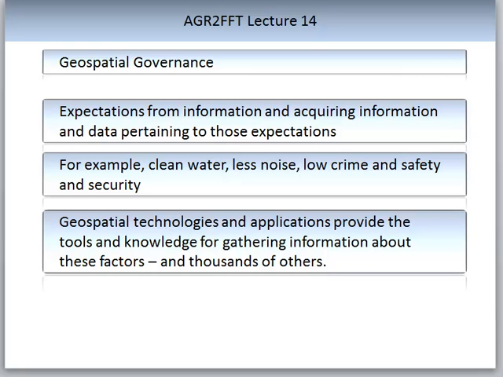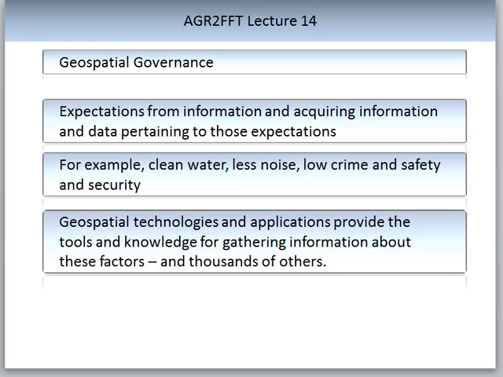Geospatial governance has come from such applications as understanding clean water, monitoring noise, identifying crime, low and high areas, and for issues of safety and security. Geospatial technologies and applications provide the tools and knowledge for gathering information about these factors and thousands of other factors.